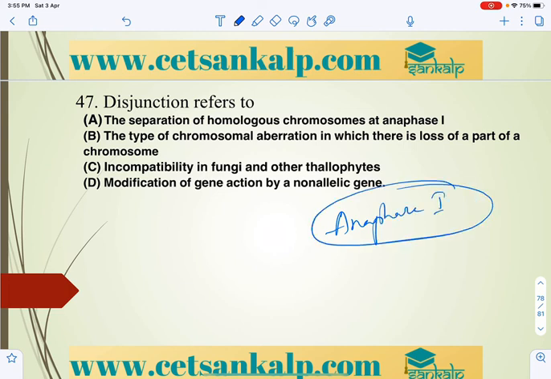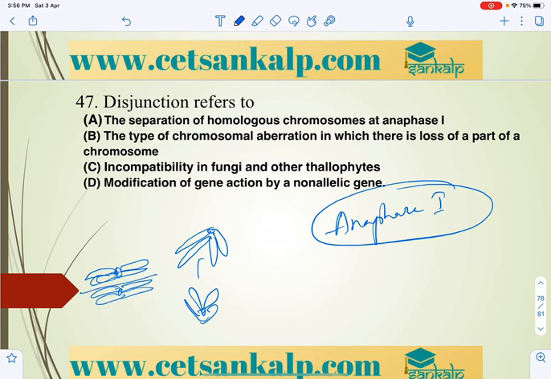This is the arrangement of homologous chromosomes in the equatorial plate, and now they are going to separate. As this separates, that is anaphase 1. So disjunction is the separation of homologous chromosomes, in anaphase 1, which is the correct answer.